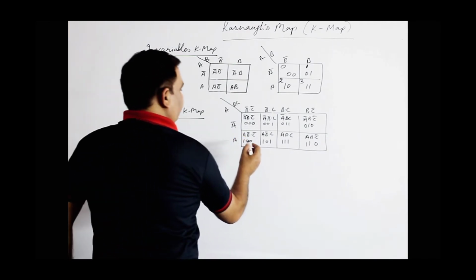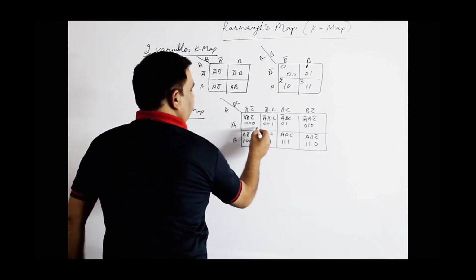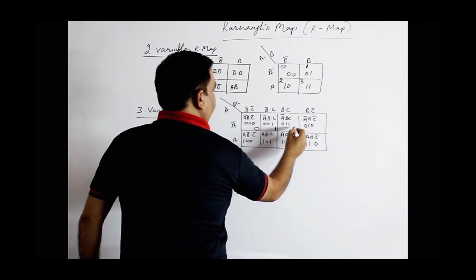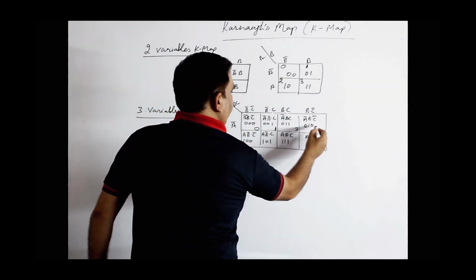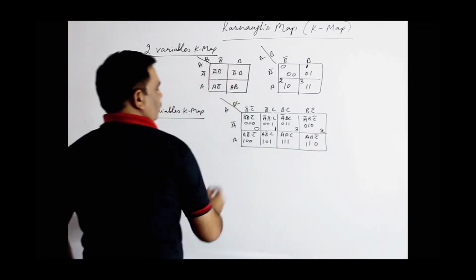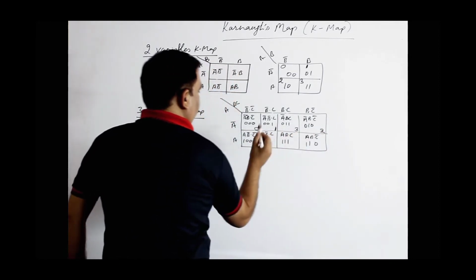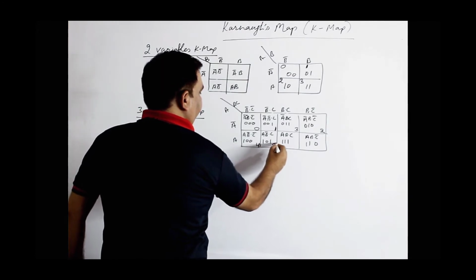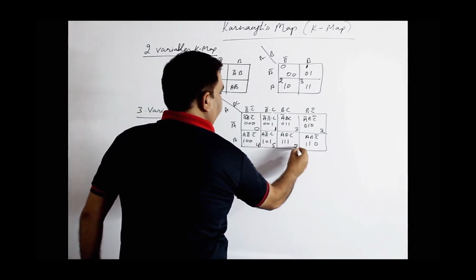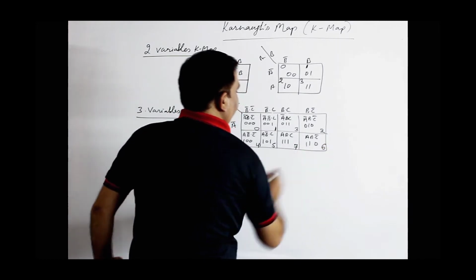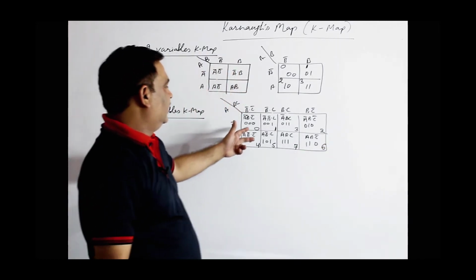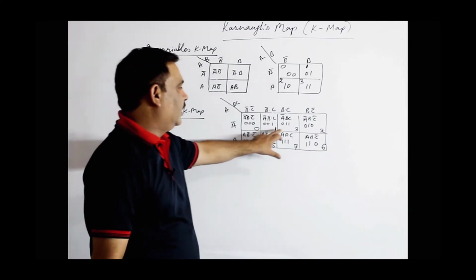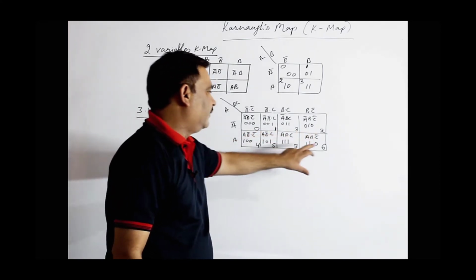Now you can write the designations. 000, the decimal number is 0; 001 is 1; 011 is 3; 010 is 2; and here 100 is 4, 101 is 5, 111 is 7 and 110 is 6. So, these are the designations of the columns: 0, 1, 3, 2, 4, 5, 7, 6.